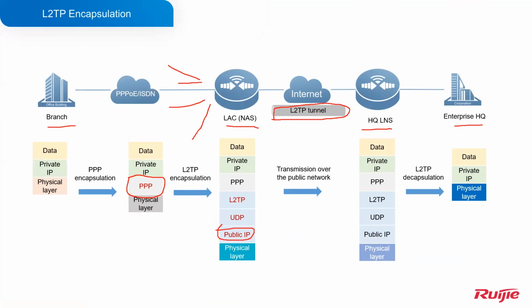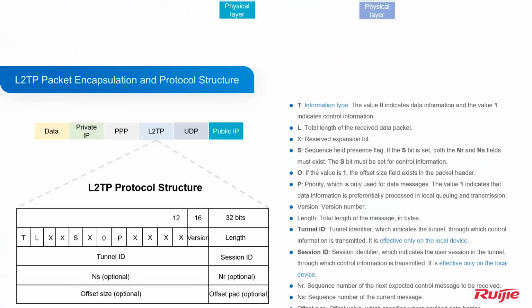So in one tunnel, we may have multiple sessions, and in the same tunnel we use different session IDs to distinguish them, okay? If one session is finished, maybe we have to close the session. If all sessions are finished, we have to close the L2TP tunnel, okay? So this is the relationship.